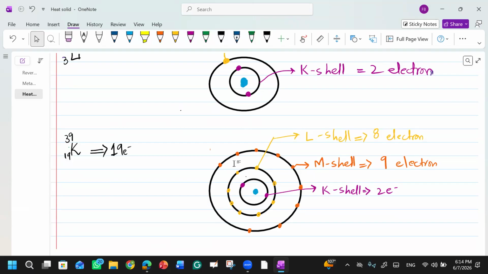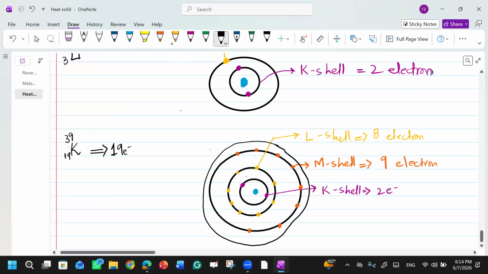Let me erase this one. This cannot be in this. This will be 8 electrons, and there will be one more shell. I will explain how this is happening. The last electron will be in this shell.